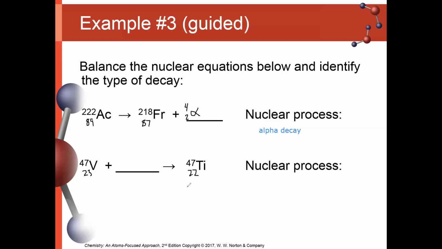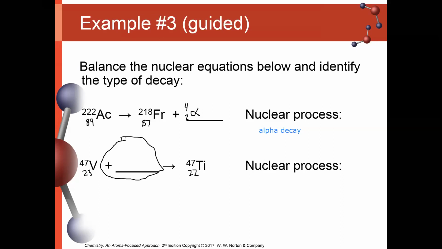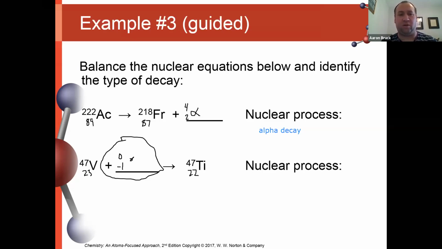Oh, so it's the electron one. Electron capture. Right, so the big thing to look for is where this blank is. It's on the reactant side. It's not on the product side. So I've got a 0, a -1.